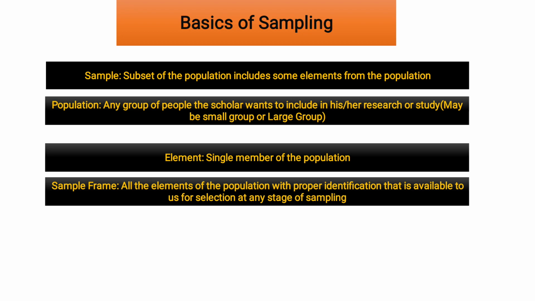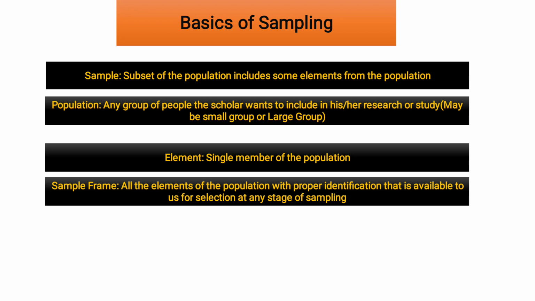Take the same example: if researchers want to do research on job satisfaction among IT employees, and, for example, they want to take two big companies, let's say TCS and Infosys, then the sample frame is the list of all the mid-level IT employees of TCS and Infosys combined. It means you should create a list of all the employees, maybe with their name or employee ID, because you are interested in these two companies only.